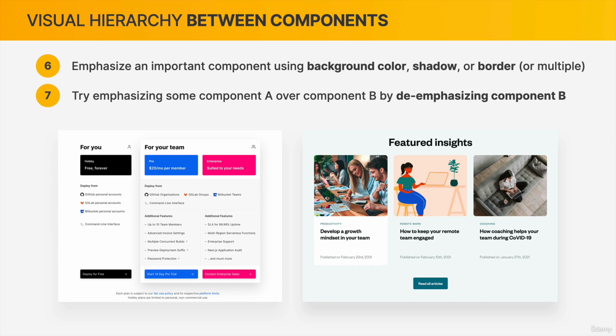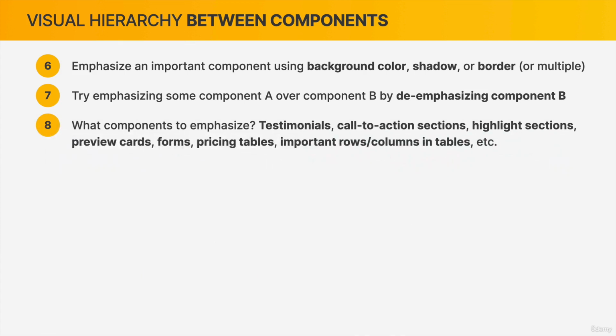Now, finally, just like with text elements, you now might be wondering what kinds of components you should actually draw the attention to when you're building your own designs. Well, here I have a big list of some components that we usually want to stand out from the rest of our page's content. And so let's now take a look at an example of each of them.